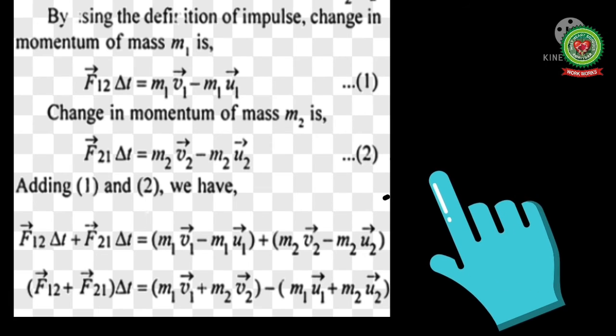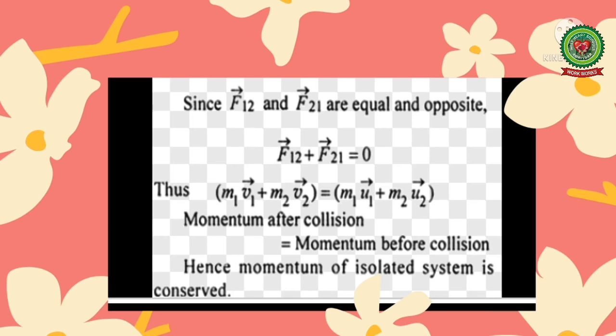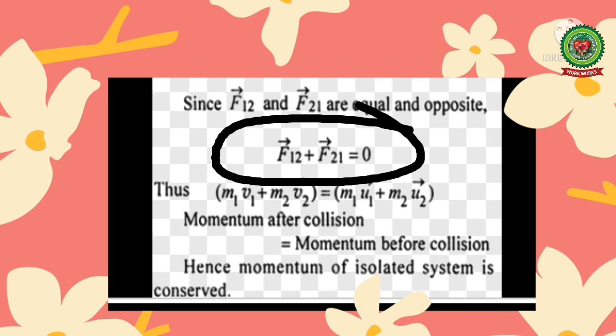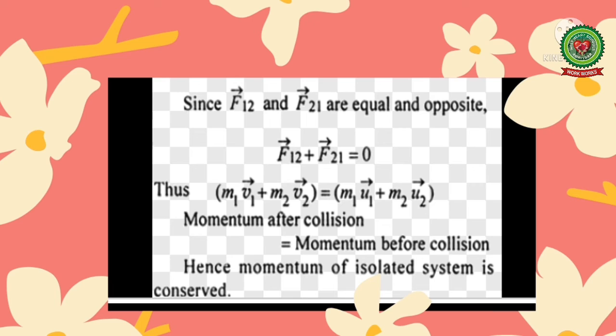Now students, as we have done already in Newton's third law, the action and reaction forces are equal and opposite. Therefore, F12 plus F21 is equal to 0. The result comes out to be m1v1 plus m2v2 is equal to m1u1 plus m2u2.